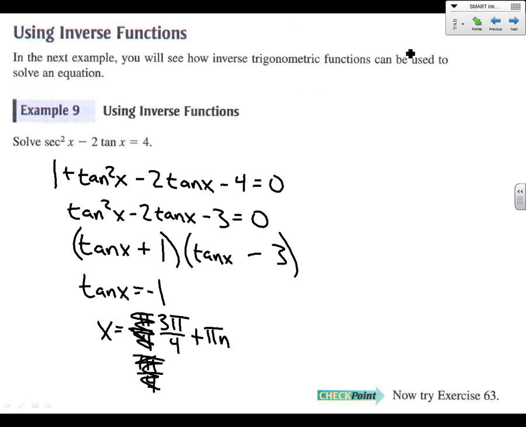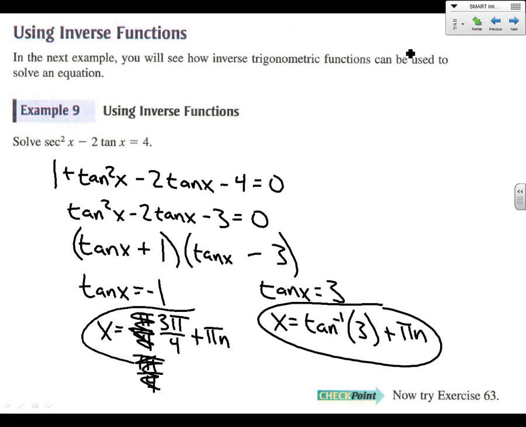Next, though, we're going to have to do the 3. Tan x equals 3. That's not going to be found anywhere on our unit circle. So the best we can do here is say that x is equal to the inverse tan of 3. Perfectly fine to say that. Don't forget to put your plus pi n on the end.